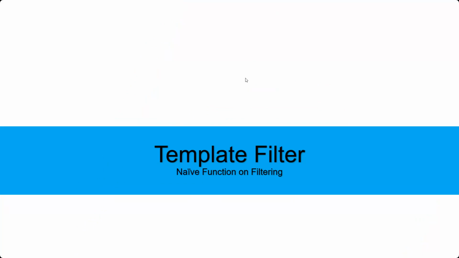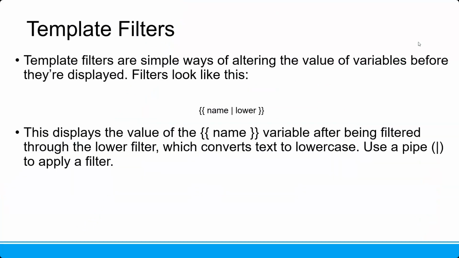First is about the template filter, how we can use the filtering. We call it filters because we want to do something. We want to alter the value. So using the template filters, it is a simple way of altering the value of variables before their display.